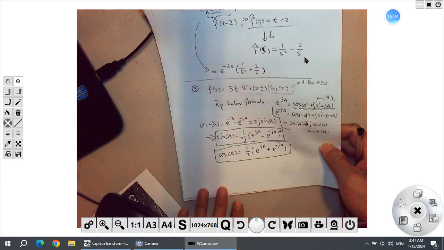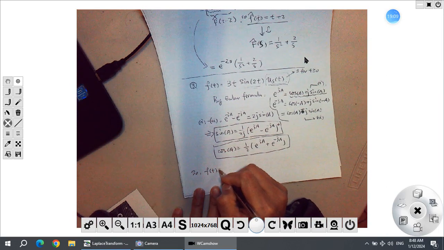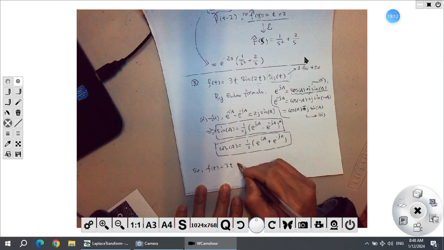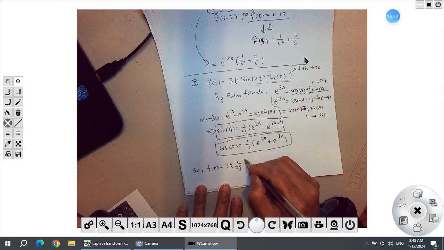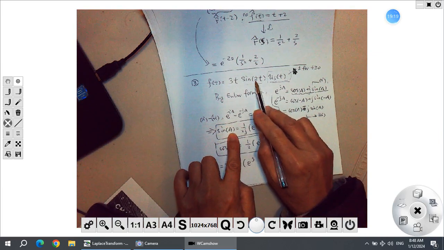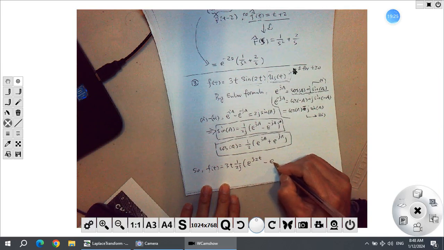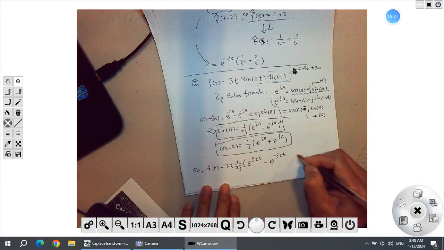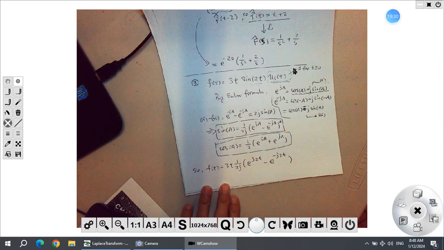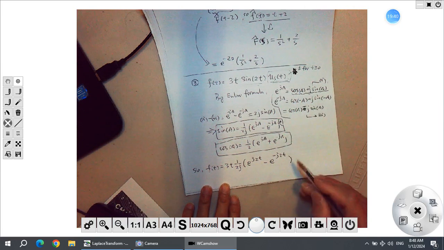Now we apply this here. f of t equal to 3t times sine, which is now 1 over 2j times e to the ja. What is a here? A is 2t. So e to the j times 2t minus e to the negative j times 2t. And u_s of t, we can just treat as 1, so you don't need to write anything.